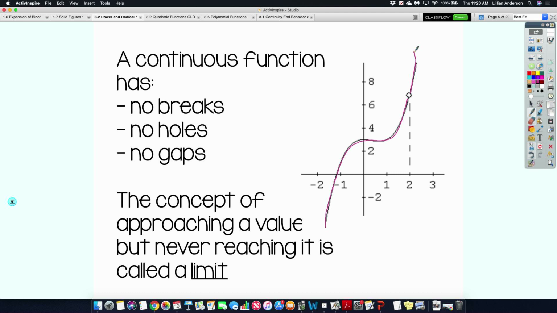Now, this whole concept of a continuous function is the very first idea behind limits, which is the foundation of calculus. It's pre-calculus. So you're getting your foundations that you need to continue forward. Okay? So we're going to be talking about limits in very minute form today, but we will revisit them again at the end of the year.